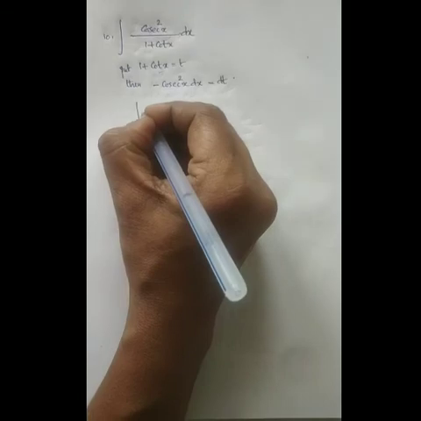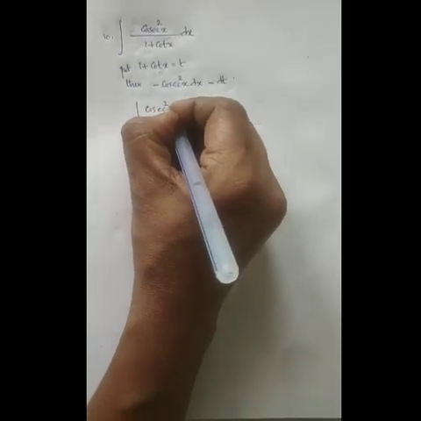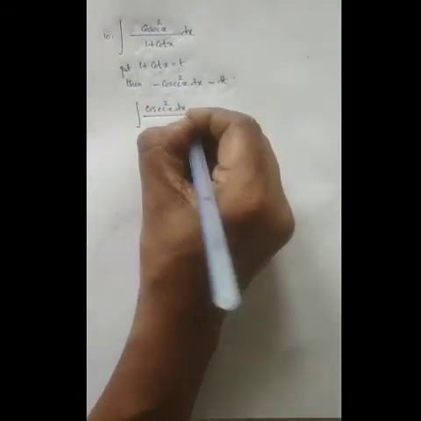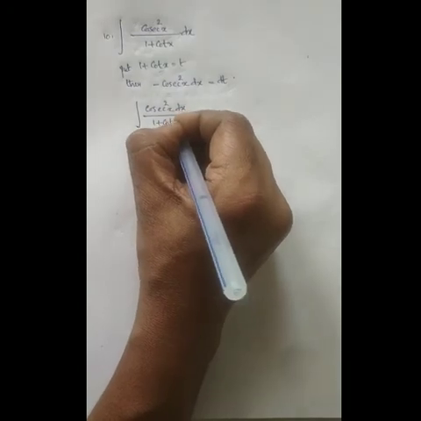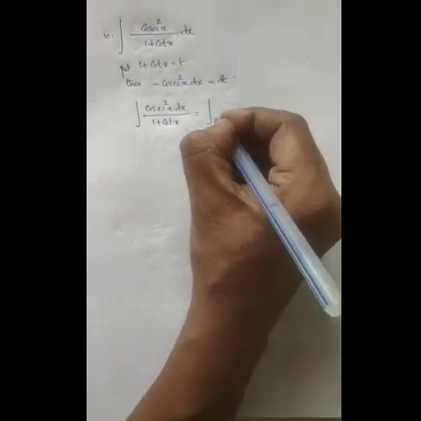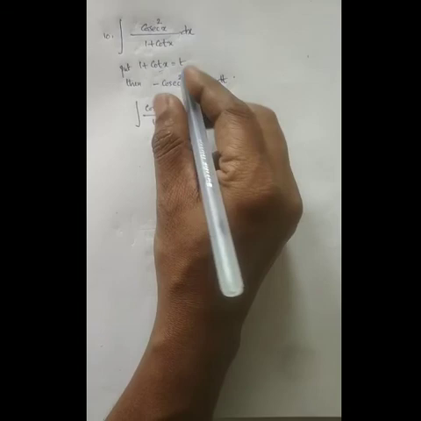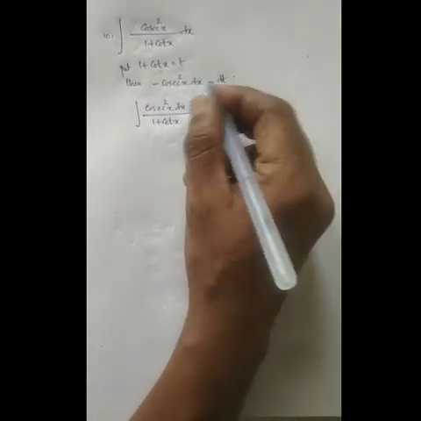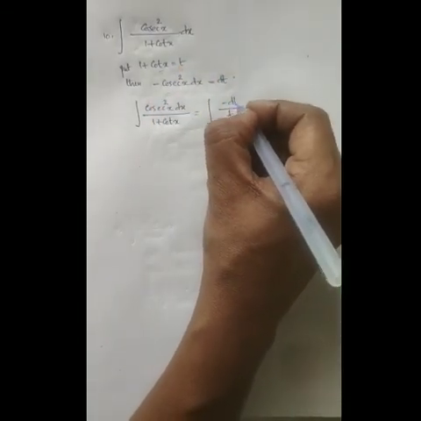Therefore, integral of cosec square x dx by 1 plus cot x equal to integral of 1 plus cot x can be written as t, and the numerator can be written as minus dt.